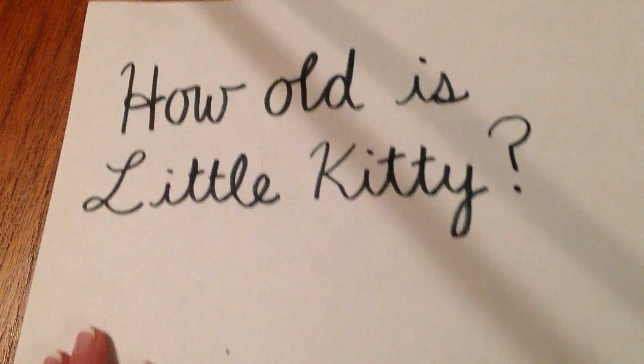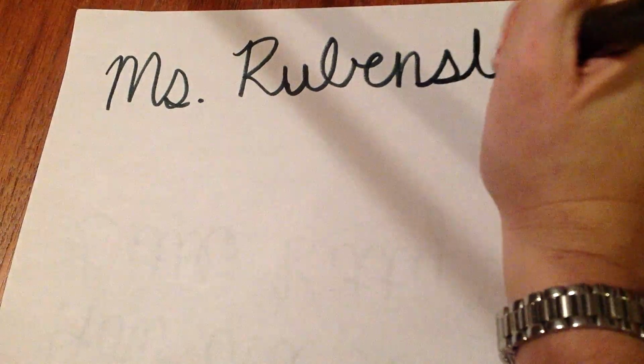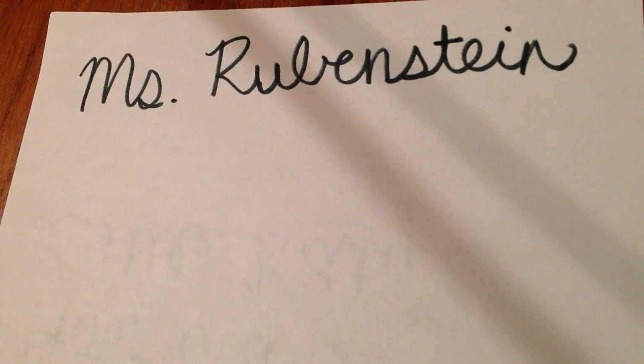Let's try another one. Miss Rubenstein's cat is named Little Kitty. Beginning of a sentence needs a capital letter. Rubenstein. It's an important last name. Needs a capital letter.